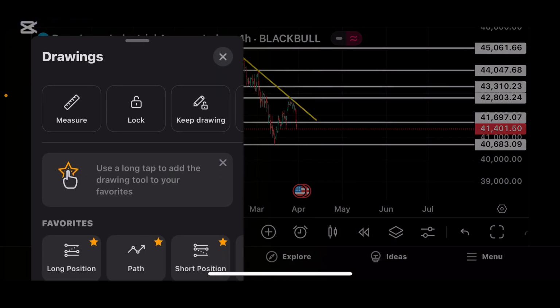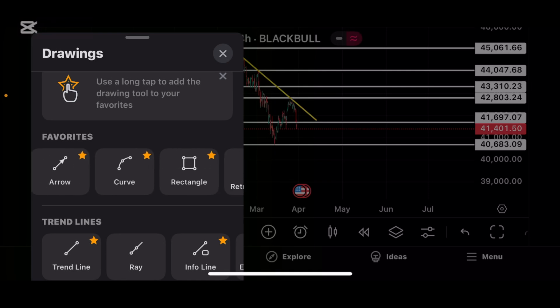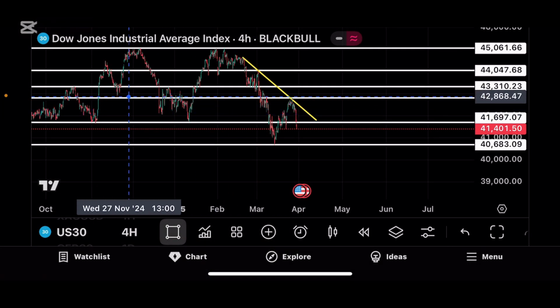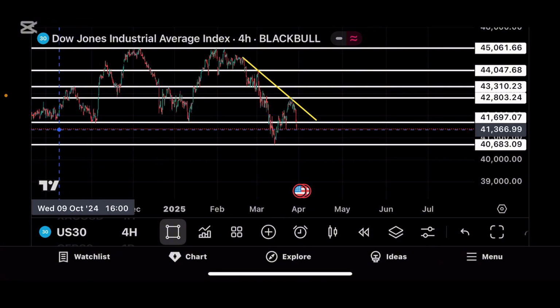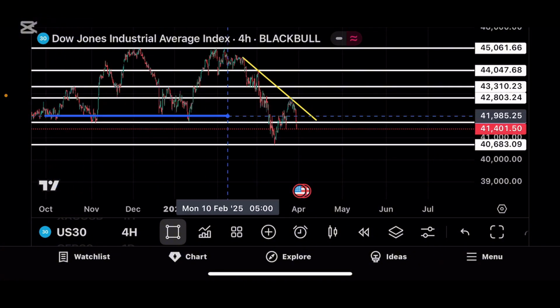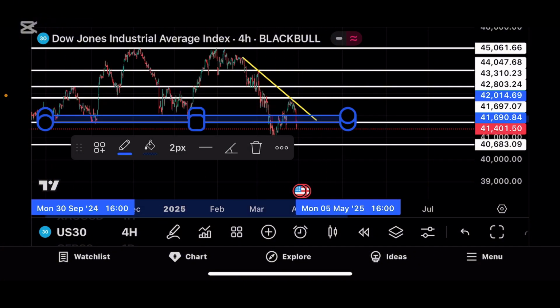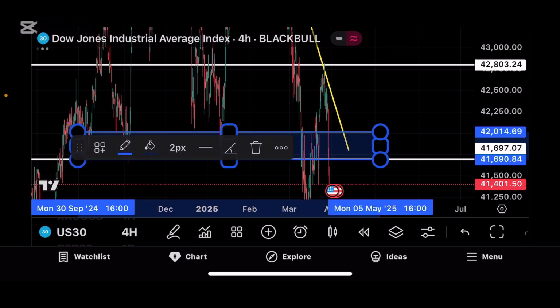So let's see now structure points. Let's not take long with the structure points. So we have structure here, right? This structure here, this structure low there. We have structural lows right over there, right?